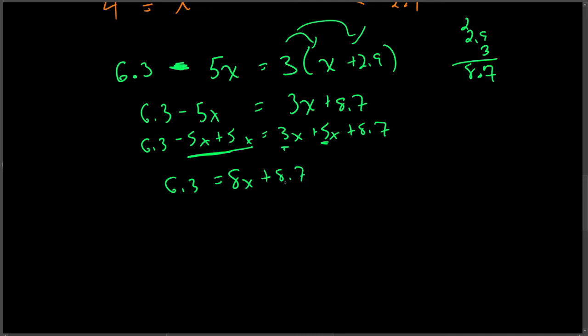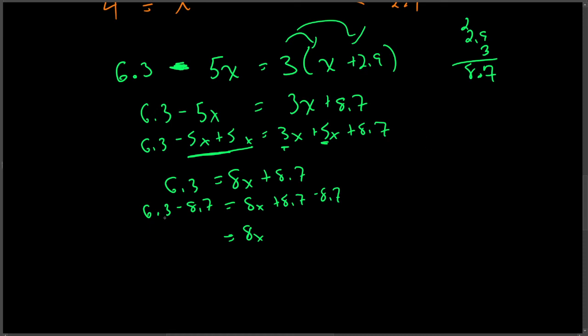Now I need to get rid of this 8.7 because it's in the way. So I'm going to subtract 8.7 from both sides. Right, whatever I do to one side, if I'm getting rid of that by subtracting, I have to do it to the other. And so these will go away.